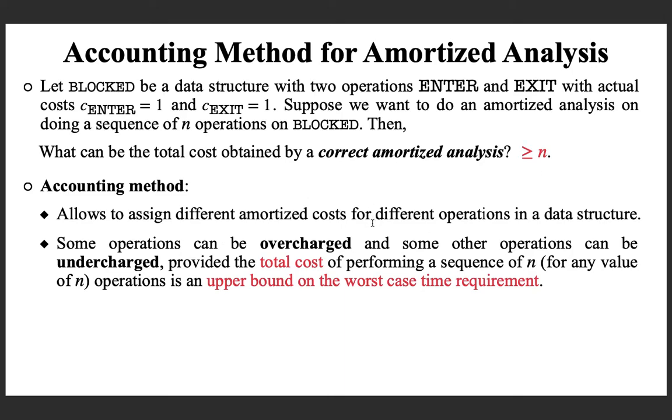But during the analysis, some operations can be overcharged. For example, you can say that the amortized cost or charge of the enter operation is 2, that is overcharging, and if you say that the charge of the exit operation, that is the amortized cost, is 0, then that is undercharging.